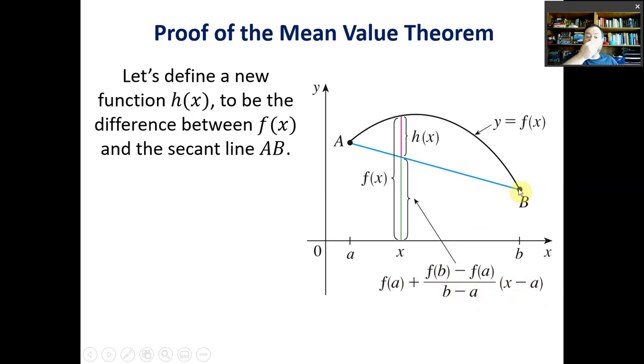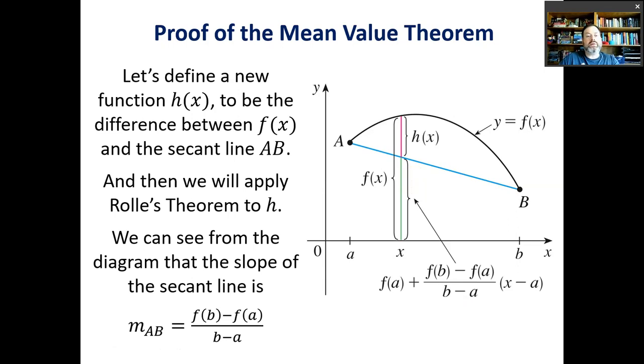So because this is linear, we can build an equation, right? This is just point slope form, simplified. So we know the height, and we're calling h of x f of x minus that green part. So h of x is sort of how much difference is left over. It's f of x minus the green part, which is this.